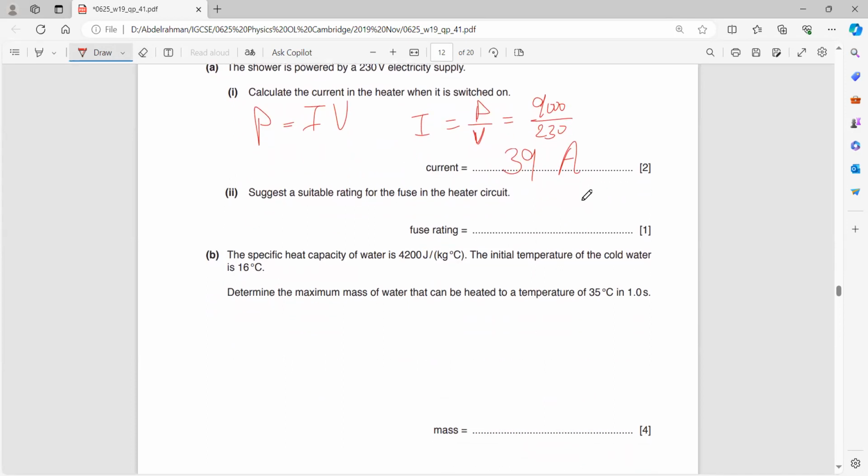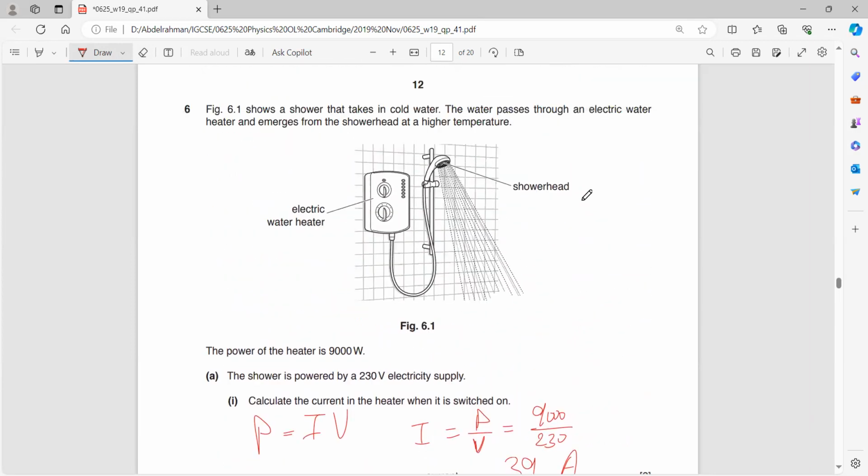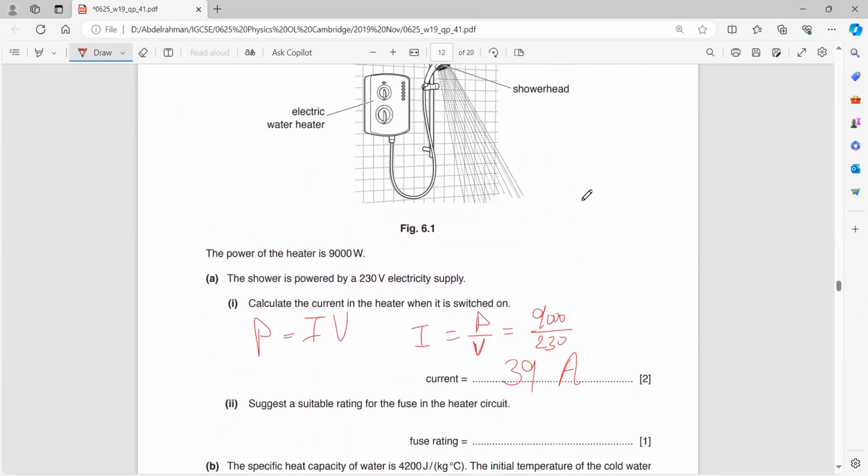Suggest a suitable rating for the fuse. Can someone tell me what is the rating of the fuse هنا؟ عشان هنحط fuse هنا أكيد معايا electrical water heater وعايزين نستعمل fuse.